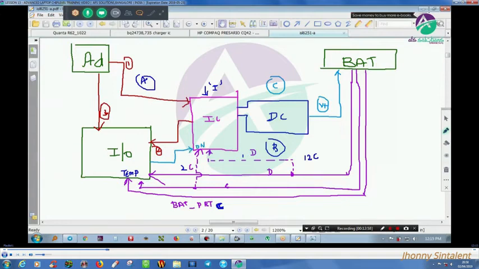When this circuit is starting, we have one final thing: the adapter current information should go here as input, and the same charging information should go here as output. So this is a chart of our charging IC.